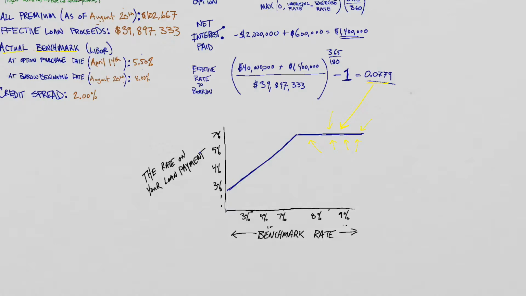But if interest rates instead go lower, the company doesn't have to pay the full 7.7% that we calculated here. Instead, as benchmark rates fall lower, they just walk away from the option and still enjoy making lower payments on their LIBOR-linked loan. And that's one of the nice features about using options to hedge interest rate exposure, is this asymmetric payoff profile, asymmetric benefit.